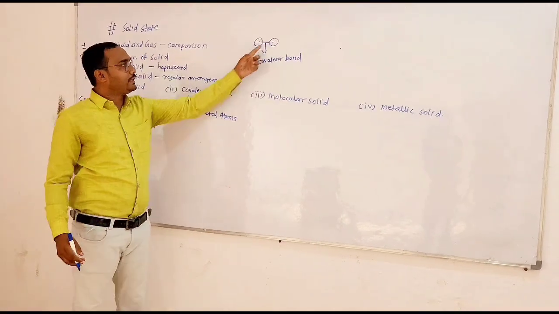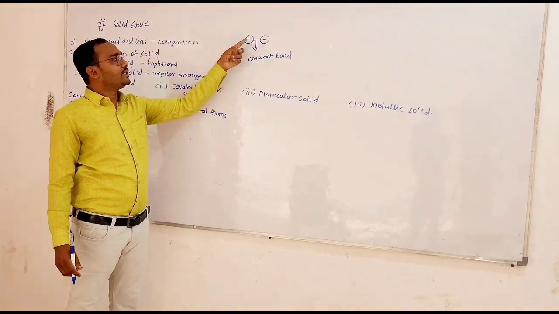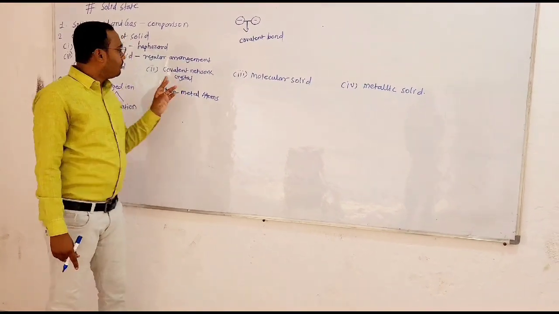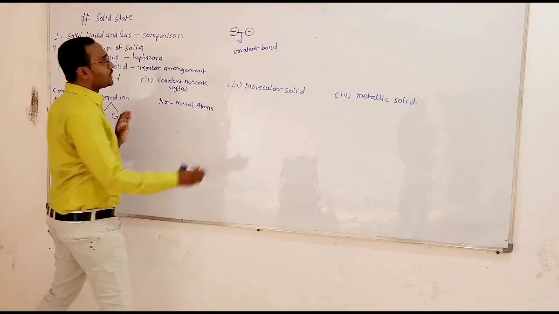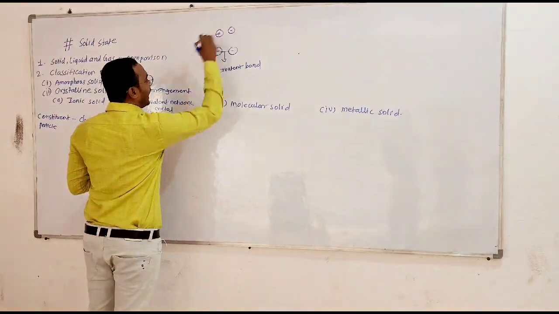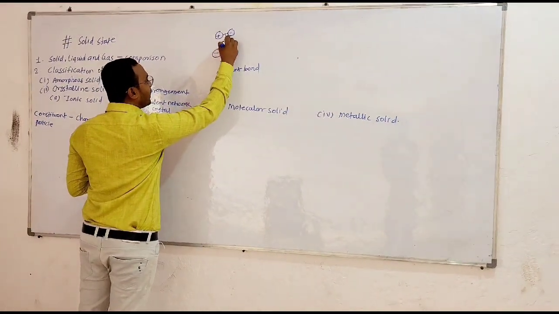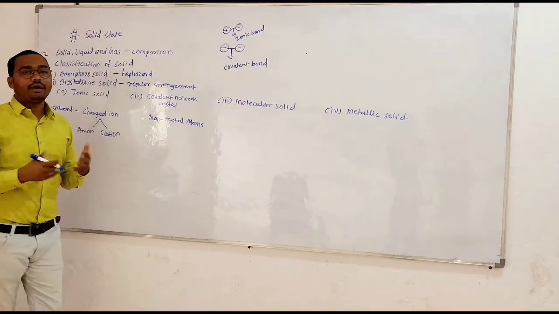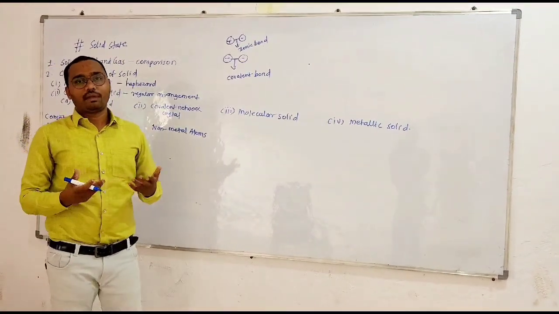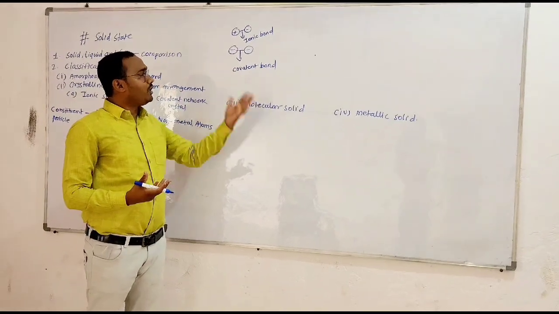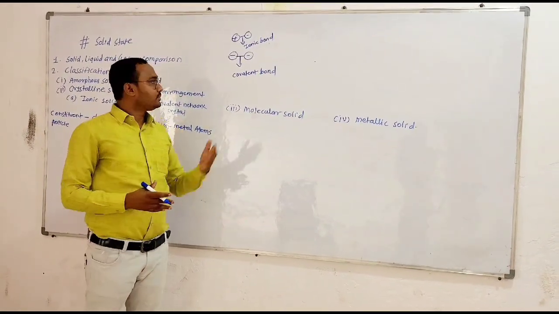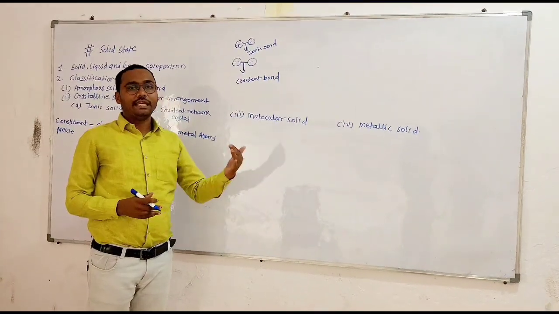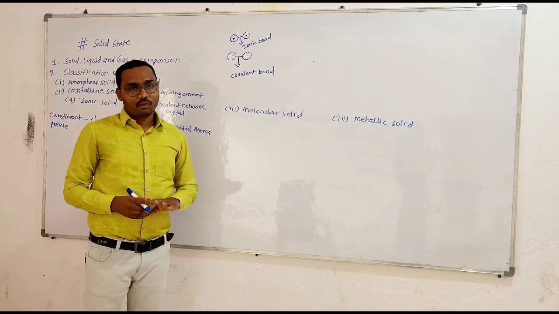Non-metals are electronegative, so an electronegative atom is bonded with another electronegative atom by a covalent bond. But in an ionic solid, cation and anion are linked by an ionic bond. These concepts we have already covered in chemical bonding in 11th. The bond between two electronegative atoms is covalent, and the bond between an electropositive atom and an electronegative atom is ionic.